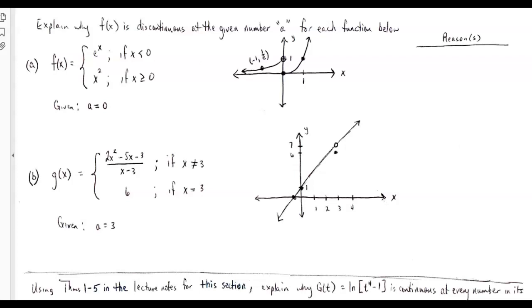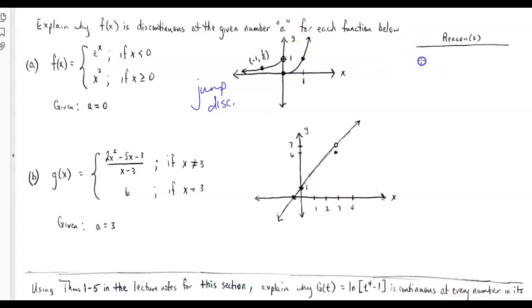Okay, so for this particular case, we have this piecewise function. Now, of course, I've drawn a graph for it, and just from a layman's point of view, we have a jump discontinuity here. Okay, and so of course it's not continuous because we have a jump discontinuity.